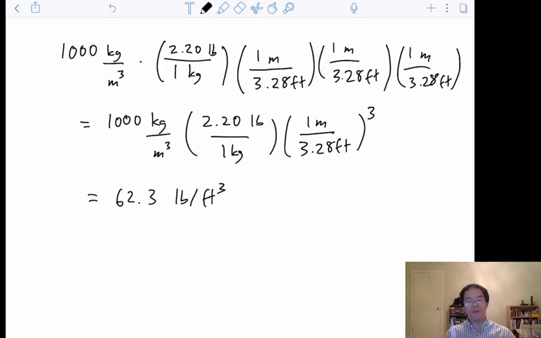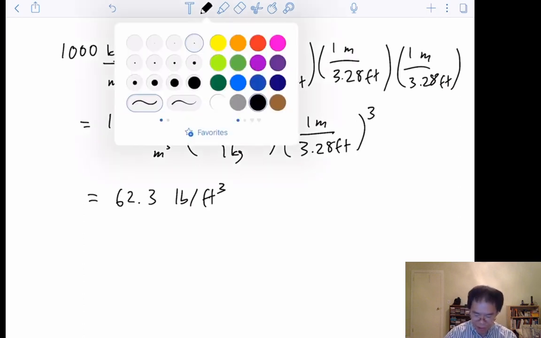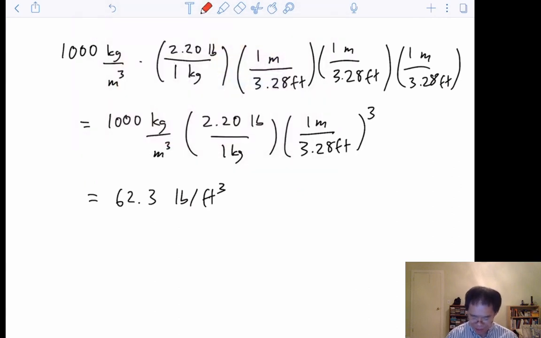Okay, so hopefully you can see how to convert units using this unit factor method. I really like it because it makes the conversions really explicit. You can always check to see that the units cancel appropriately. I should probably mark that for clarity.